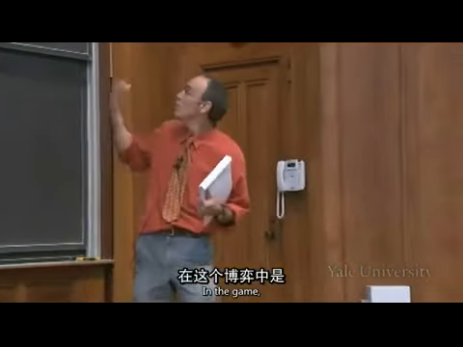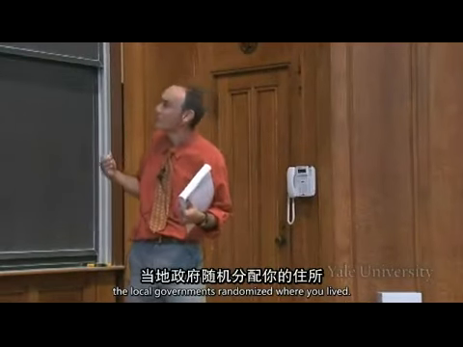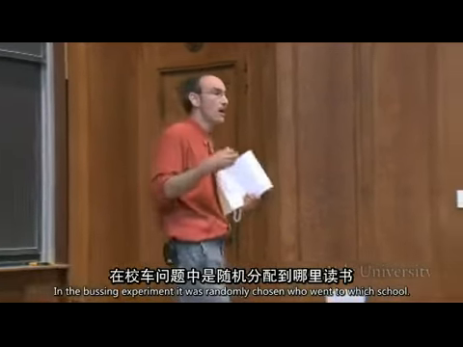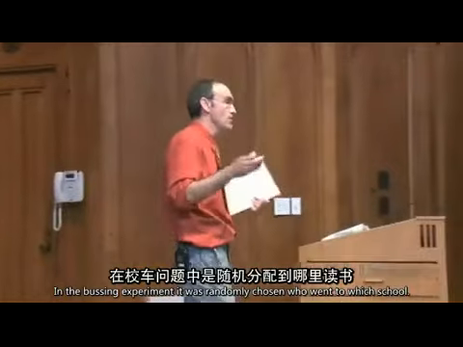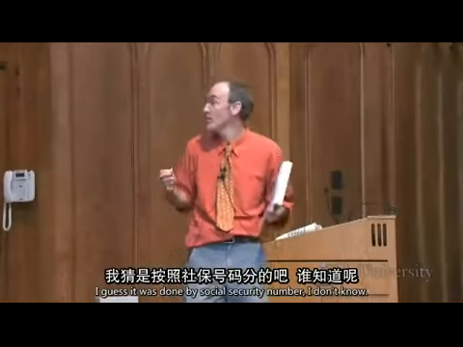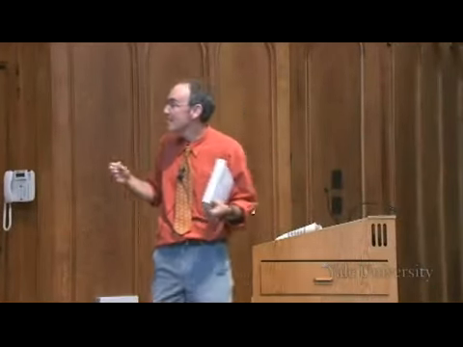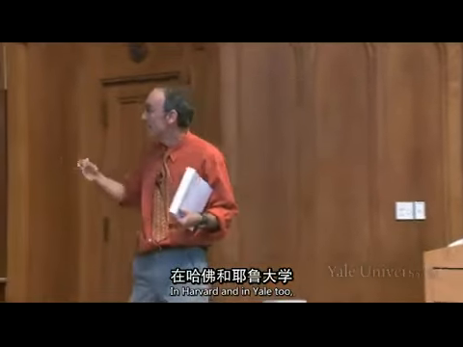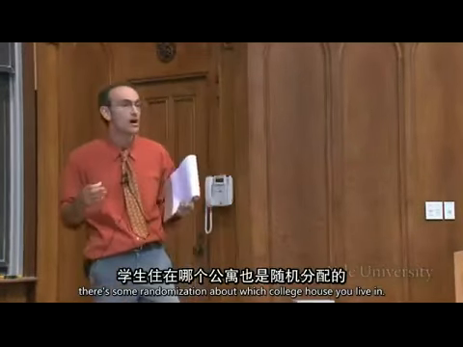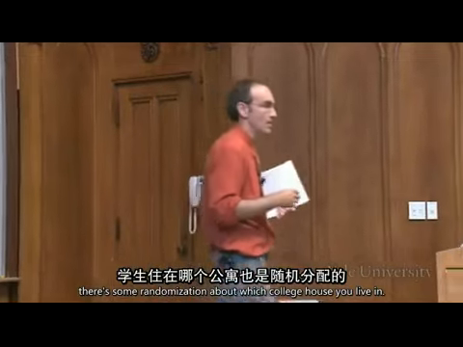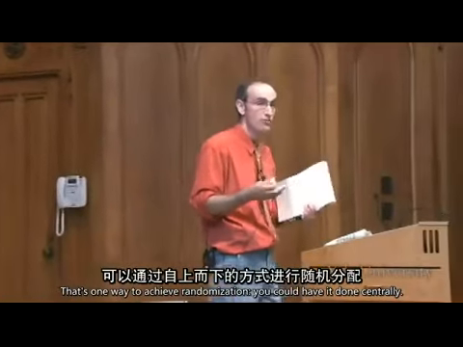In the game, the local governments randomized where you lived. In the busing experiments, it was randomly chosen who went to which school. I guess it was done by social security number, I don't know. In Harvard, and in Yale too, there's some randomization about which college or house you live in. That's one way to achieve randomization.